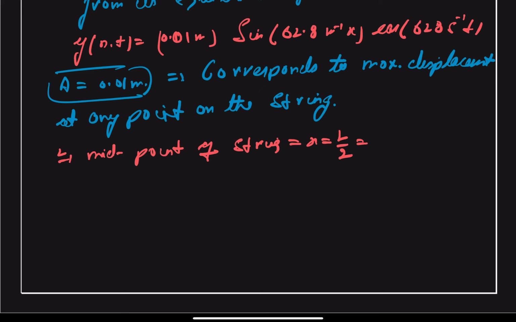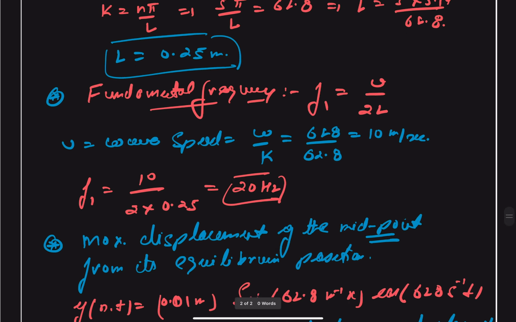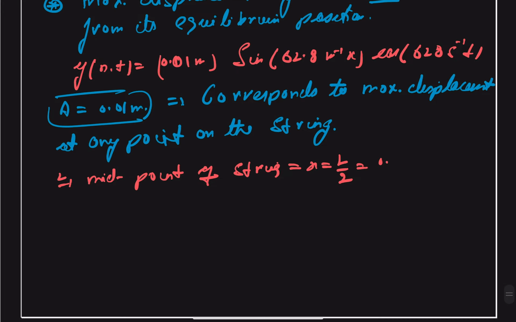Value of length we already know is our 0.25, and divided by 2, which comes close to 0.125 meters.